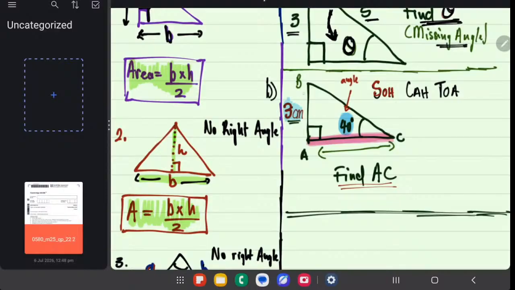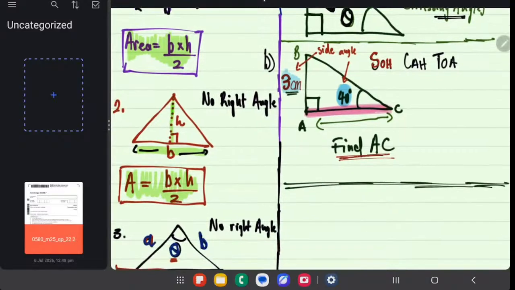So you're given one side and one angle, right? Good. And they're asking you to find AC. What is AC? Alex, is AC a side or an angle? A side, right? It's not an angle.